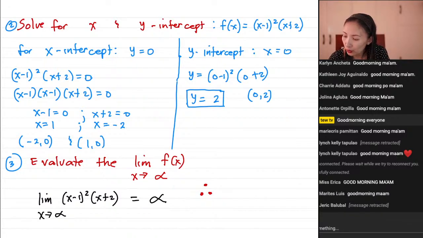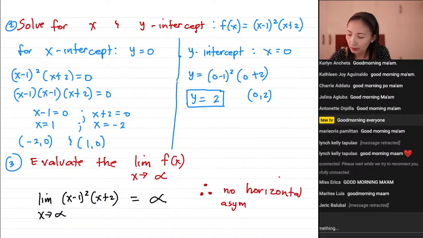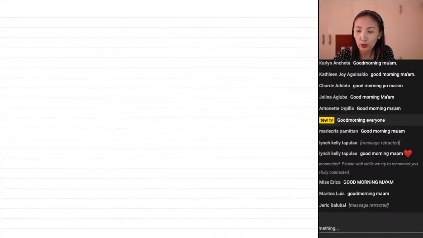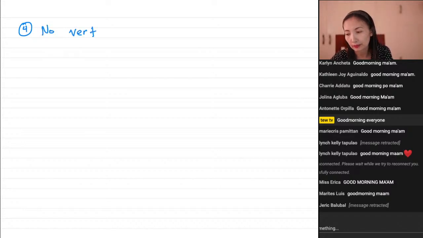So, no horizontal asymptote. And at the same time, number 4, we proceed to number 4: no vertical asymptote.